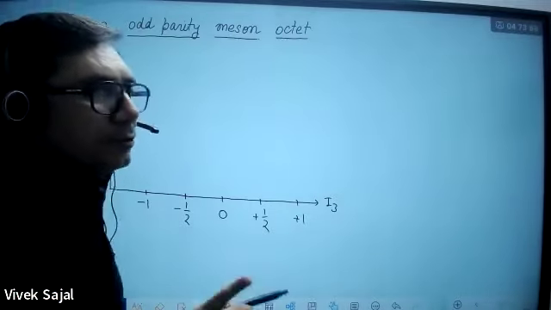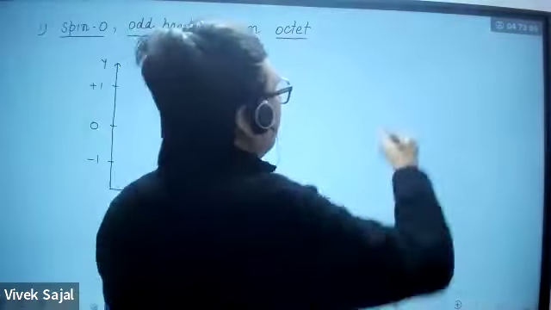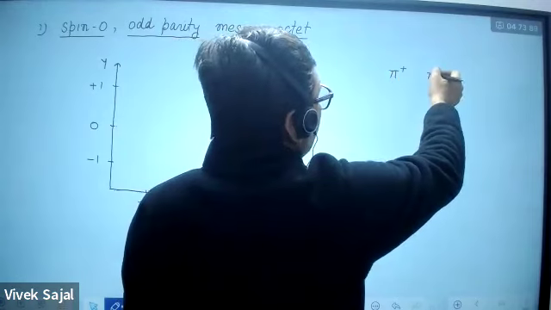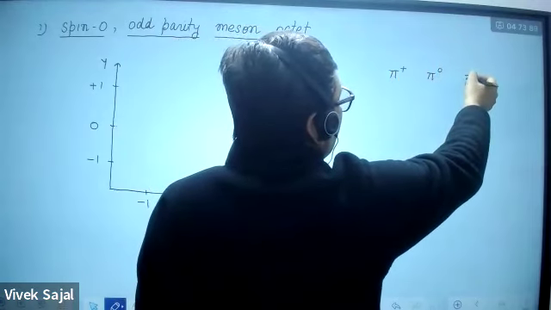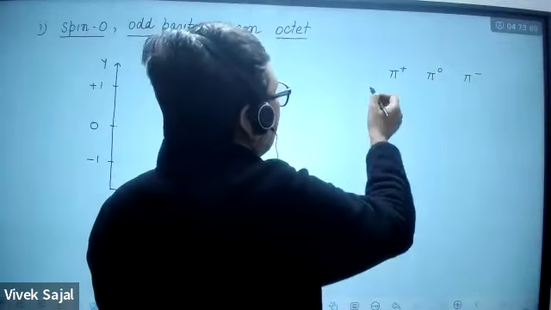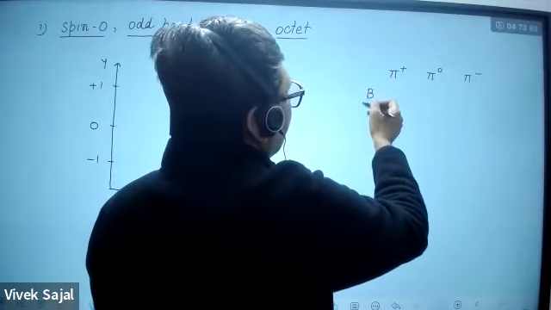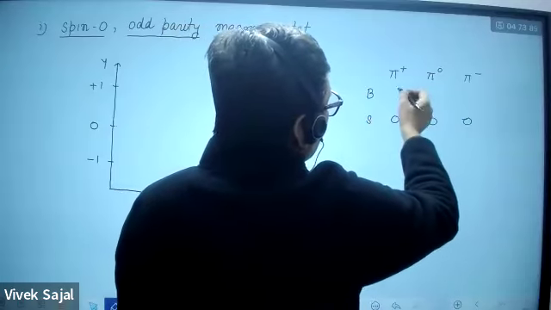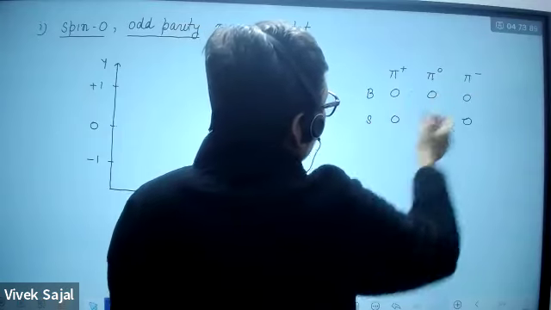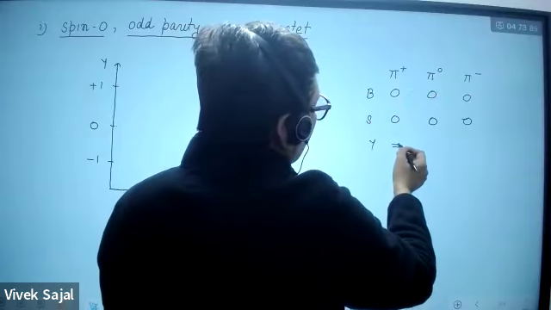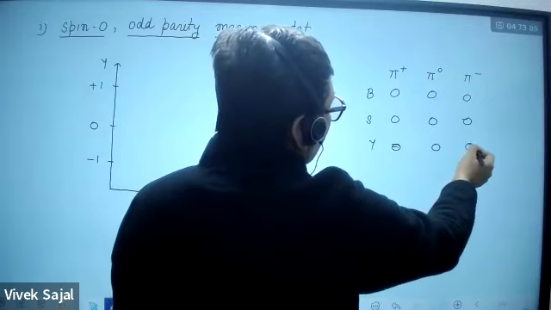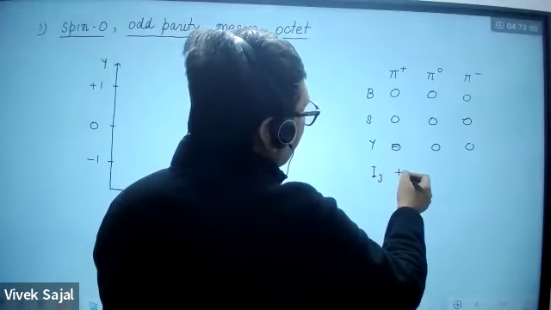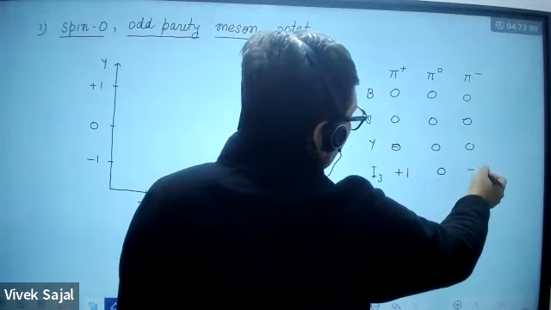Now look at the mesons one by one. One is pi plus, pi naught, and pi minus. Y is B plus S. S is 0 for them, and baryon number is 0. So Y number is 0 for all three of them. I3 will be +1, 0, and -1.